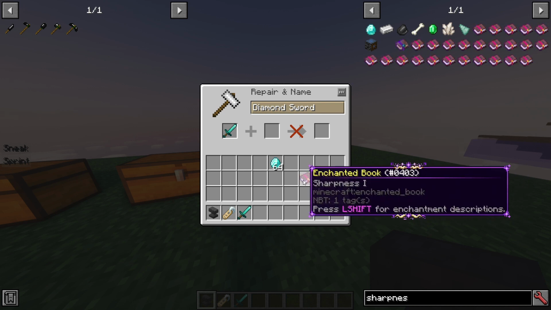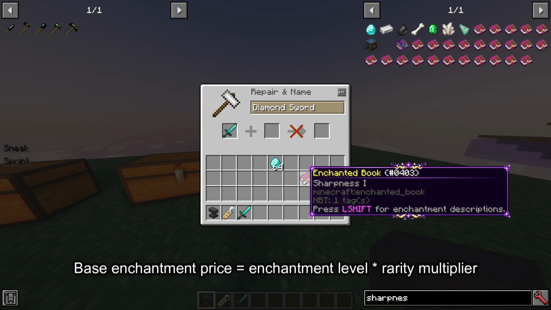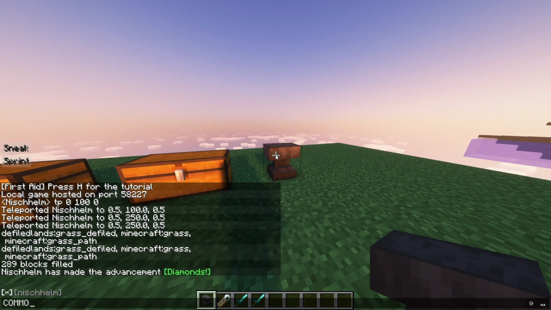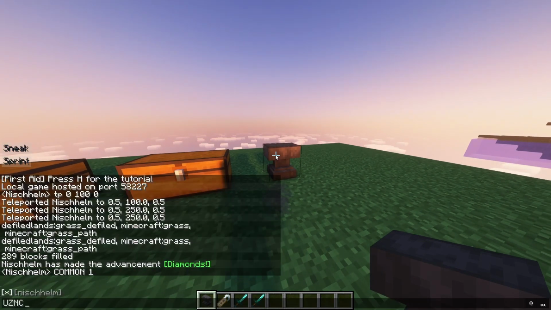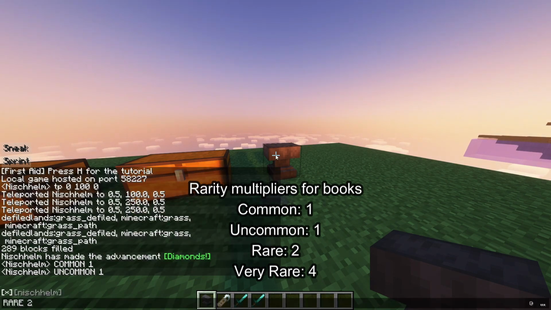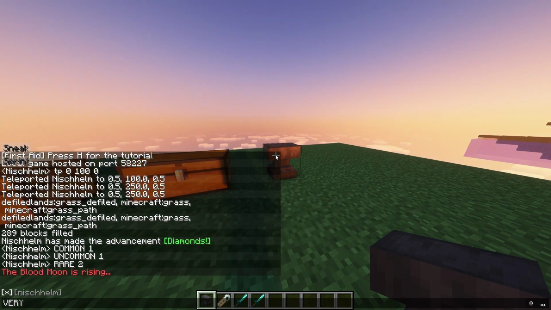And to be exact, it is the level of the enchantment times the rarity multiplier. It's a bit complicated. You can have 4 different rarities. It's common, it's uncommon, it's rare, and it's very rare.